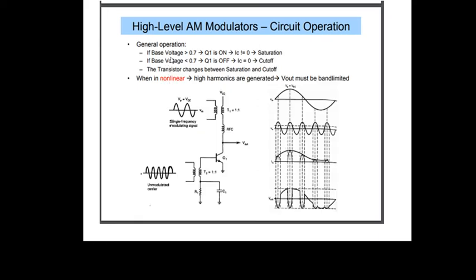In general operation, if the base voltage is greater than 0.7, then transistor Q1 is on and the collector voltage is 0, operating in the saturation region. If the base voltage is less than 0.7, then Q1 is off and the collector current is 0, operating in the cutoff region. So the transistor changes between saturation and cutoff region. When non-linear, high harmonics are generated, so Vout must be band limited.